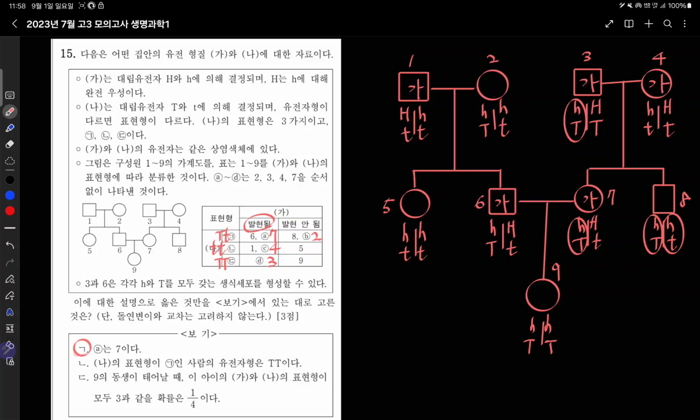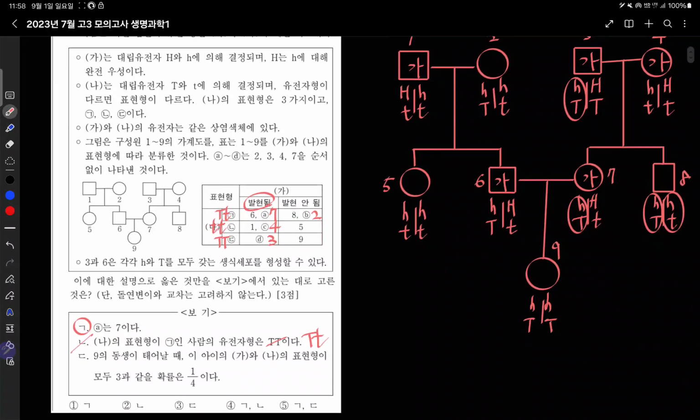A is individual number 7. And the second statement, the first phenotype is determined by heterozygous, the capital T and lowercase t allele. So the second statement is false.